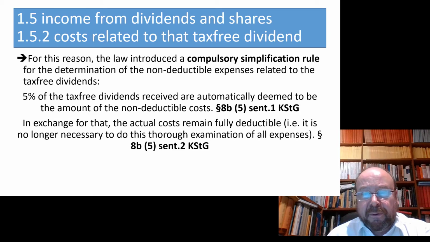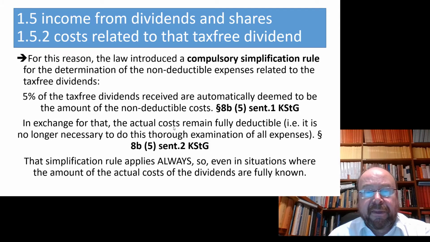Its only aim is to get rid of the task to review all your expenses which you actually had. So you can fully deduct the real actual expense. You don't have to check it anymore for its connection to the dividend income. If there is one, it doesn't matter. All the non-deductibility issues are dealt with completely and definitively by that annual 5% lump sum regulation.